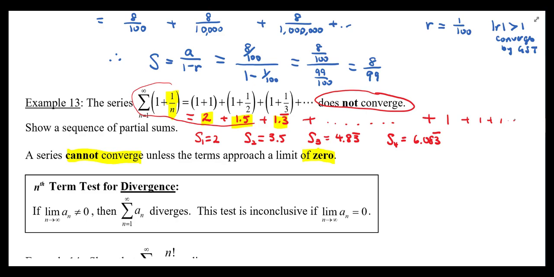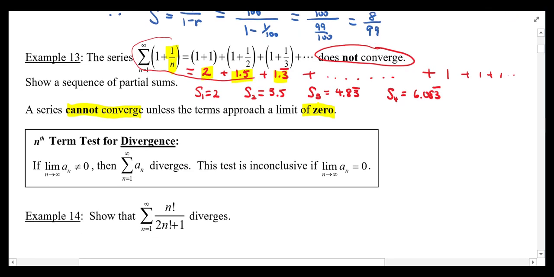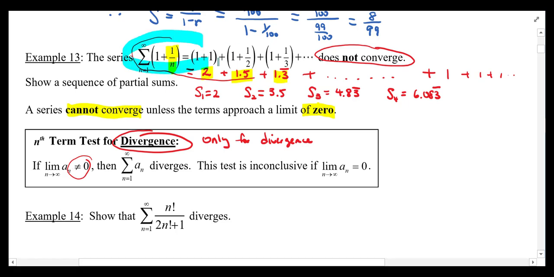So that leads us to this lovely test called the nth term test. But this is only for divergence, okay? Only for divergence. It doesn't say anything about convergence, okay? All it's saying is this. If the limit as n approaches infinity of the term does not equal 0, so once again, back to that previous summation here, right?